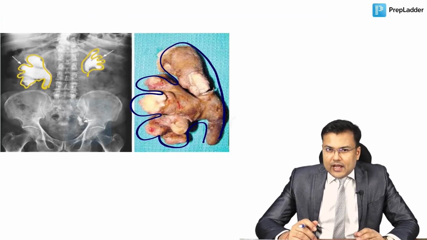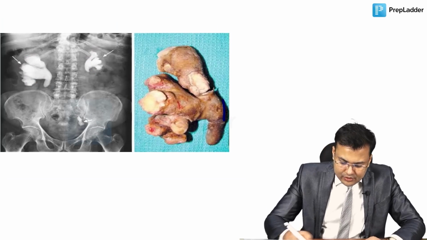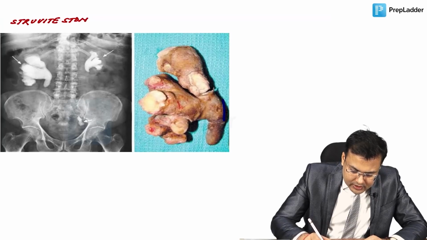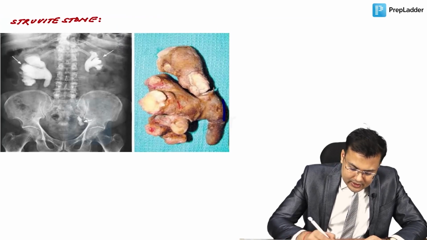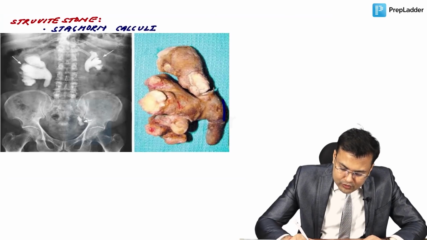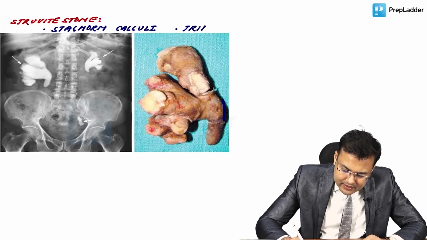What are the other names of staghorn stone? It is also known as struvite stone, also known as triple phosphate stone. The other names of struvite stones are staghorn calculi and triple phosphate stone.